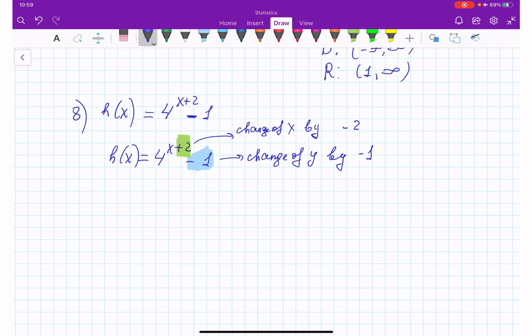If we have the graph of 4 to the power x, this is 1, this is 1, 2, 3, 4, right? This is 0, 1. So this is going to be our 4 to the power x. I'll use white color so it won't clean everything.